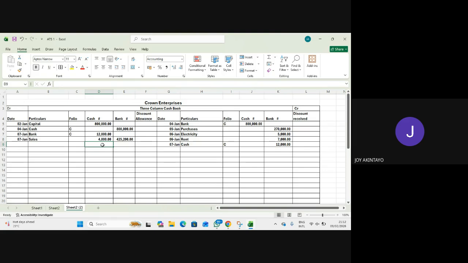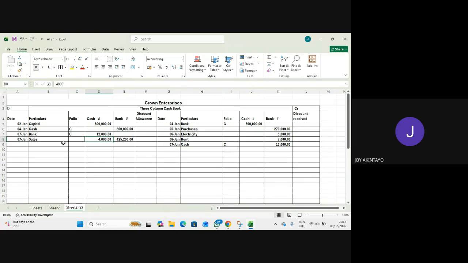So here we have two transactions for sales. One is for cash and the other one is for bank. So the corresponding entry will just be the addition of this. You add this together. The corresponding entry is to open your sales account, then you credit your sales account.